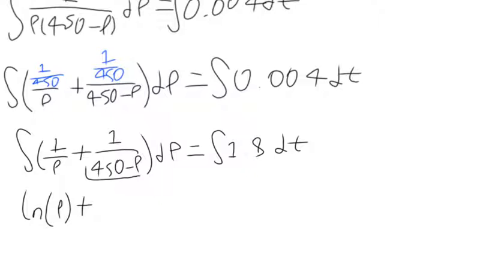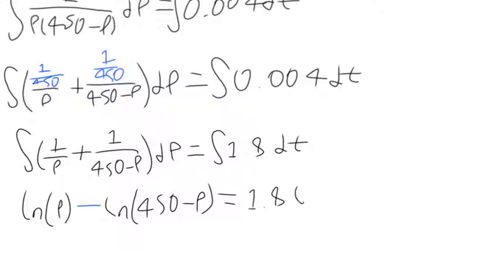And then for this one, you'll get natural log of the denominator, and I'm not using absolute values here because growth rate is always positive. But be careful with this one because the derivative of this denominator is -1. So when you're doing the integral, you have to be sure to do the chain rule backwards. In other words, divide by that derivative. So dividing by -1, I'll just put down the negative right here. And this is going to be equal to 1.8t, and I will put down the constant of integration on this side.